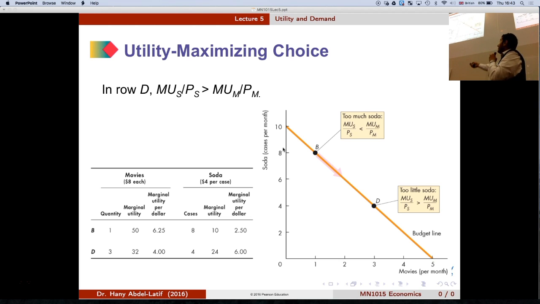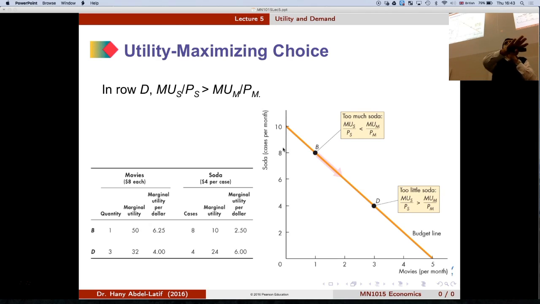So 32 divided by 8, which is the price of a movie, so 32 here is the marginal utility for the third movie, divided by 8, that gives us 4. So 4 here is the marginal utility per dollar. Looking at the marginal utility per dollar for soda, it is 6.